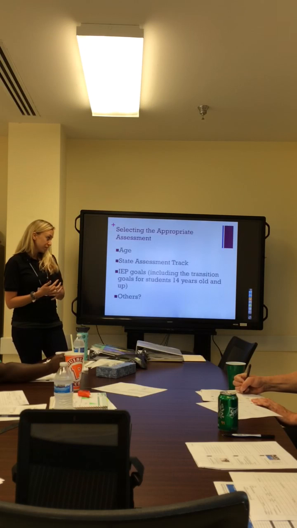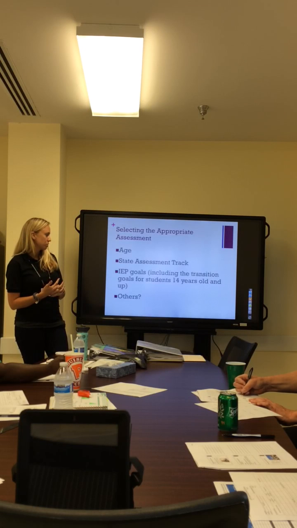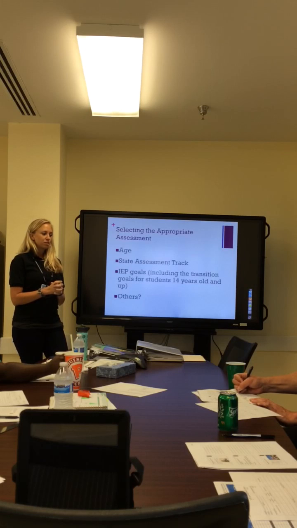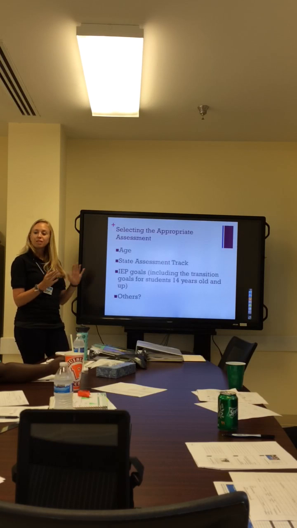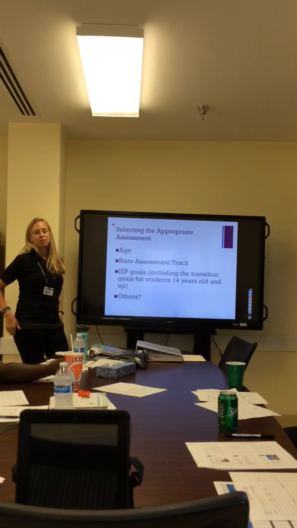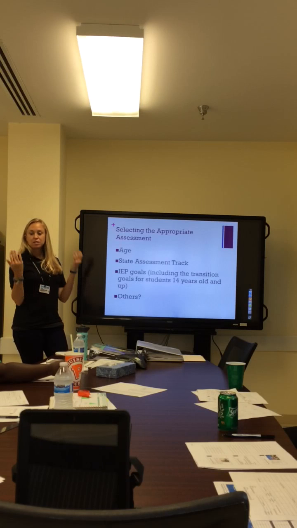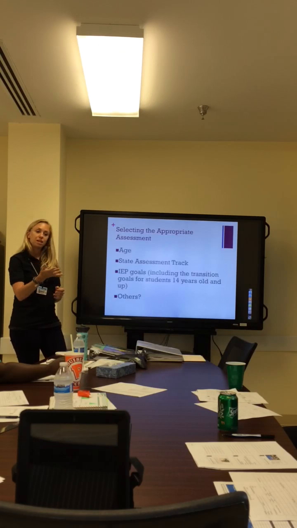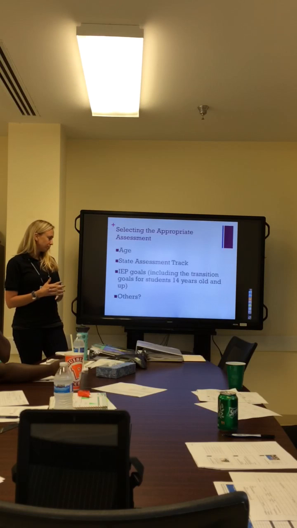Their IEP goals, and including the transition goals for students 14 years old and up. So we have one student in Miss Jessica's class whose personal care goals and life skill goals are very important to them and the family, and the IEP team has agreed. So that might be a focus in one of the assessments to show improvement on those. And it probably will tie into his IEP goals as well.